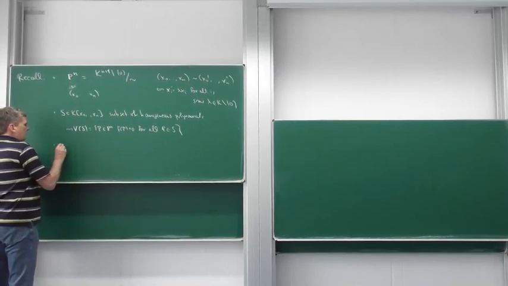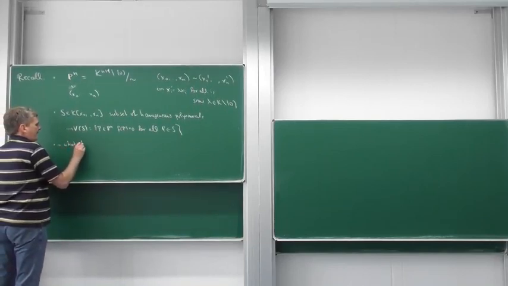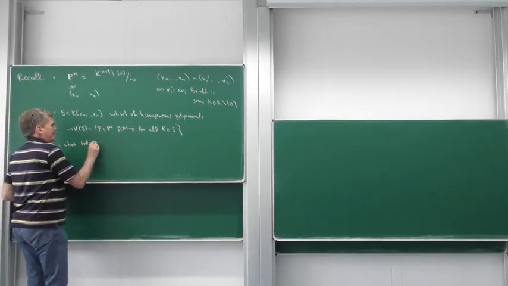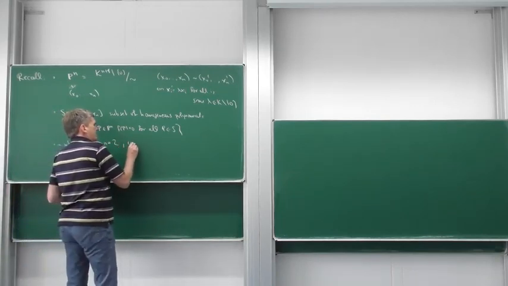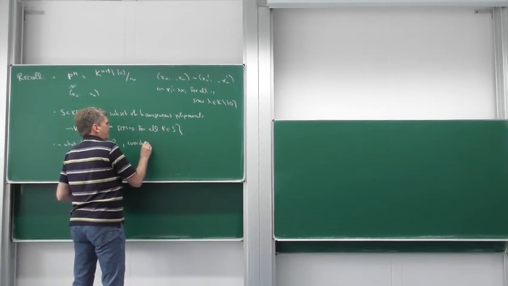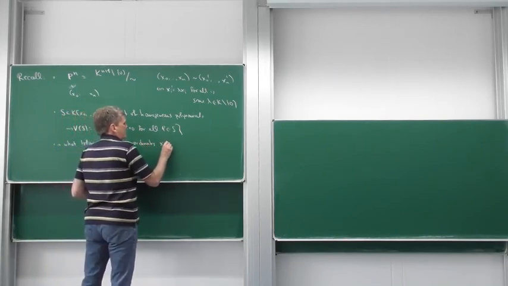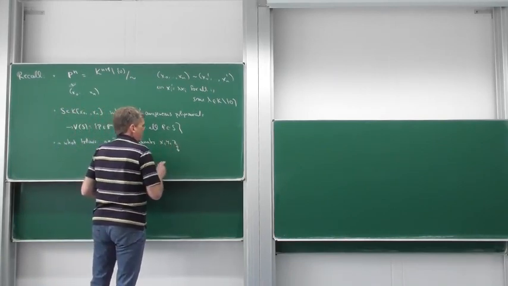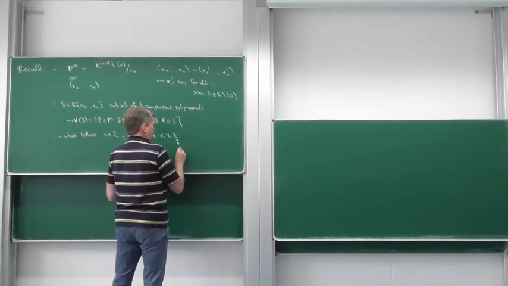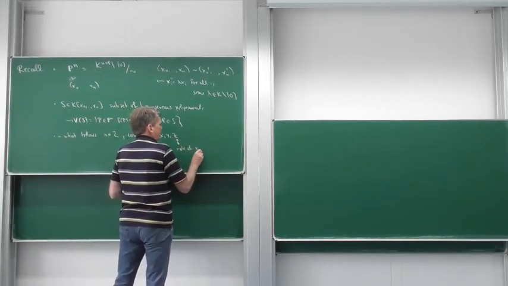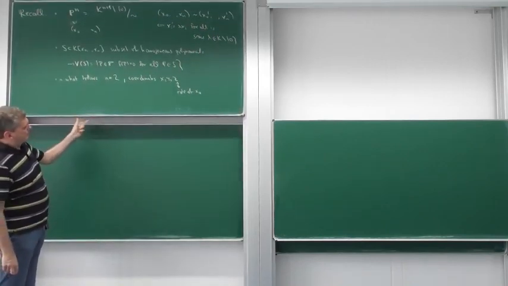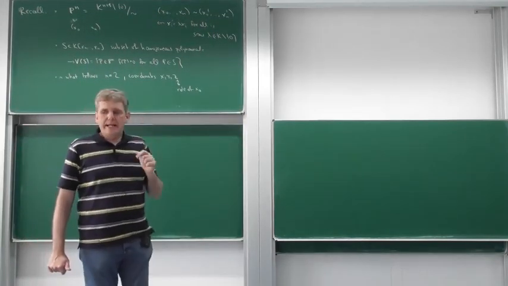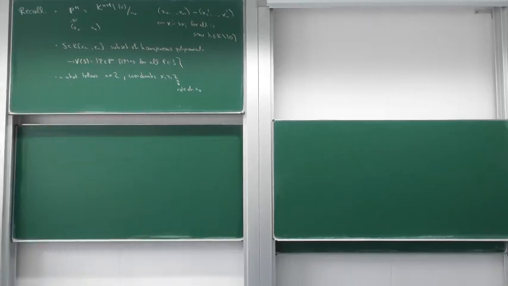So in what follows we have usually the case n equals 2, and then the coordinates will be called x, y, z, where the last coordinate somehow plays the role of x0, so the line at infinity, or the hyperplane at infinity.